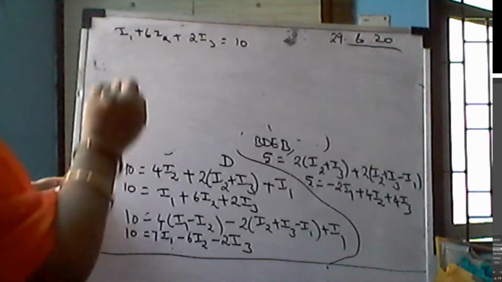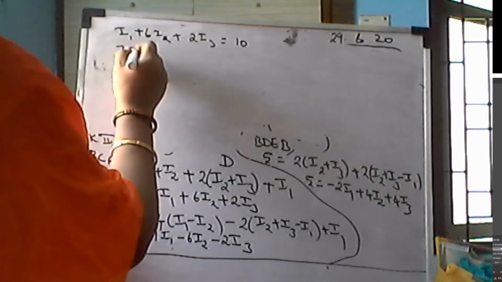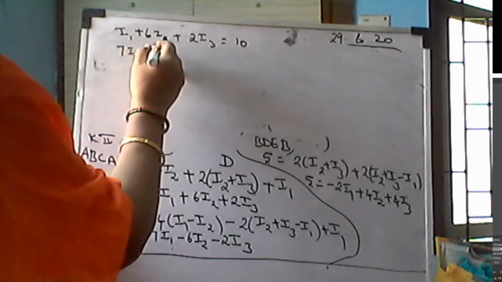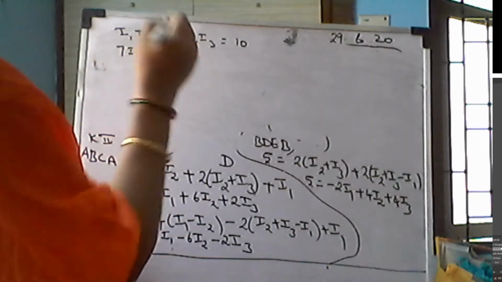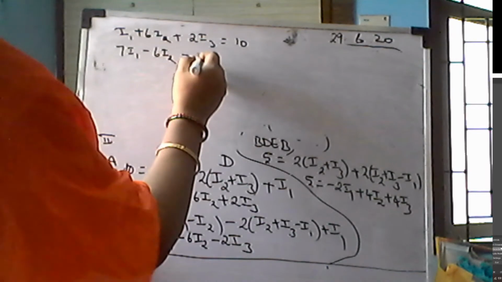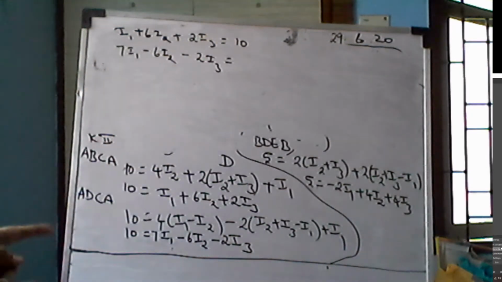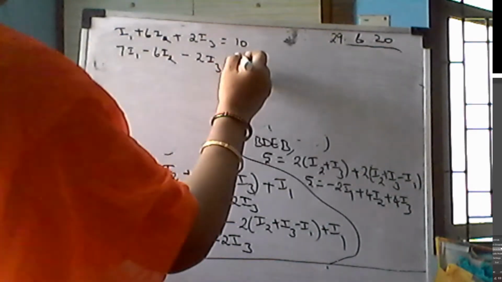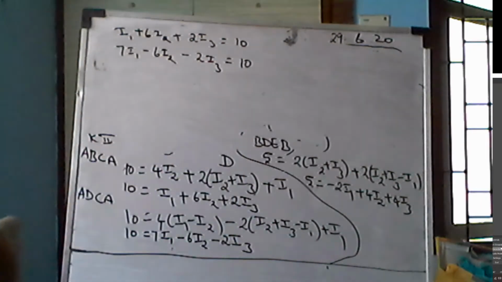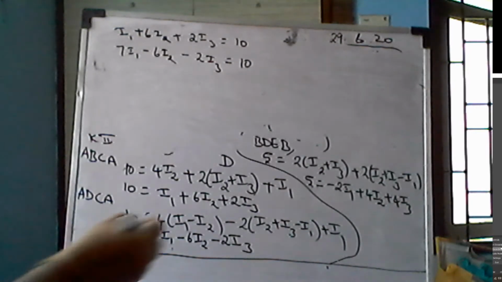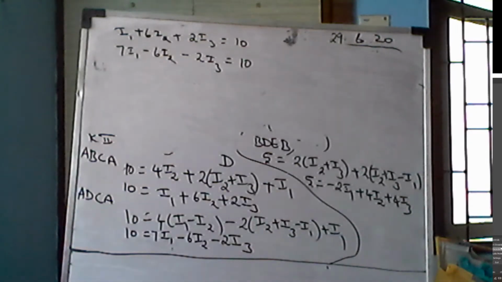Then 7I1 minus 6I2 minus 2I3 is equal to 10. Because it is minus plus only, I am giving it like that.